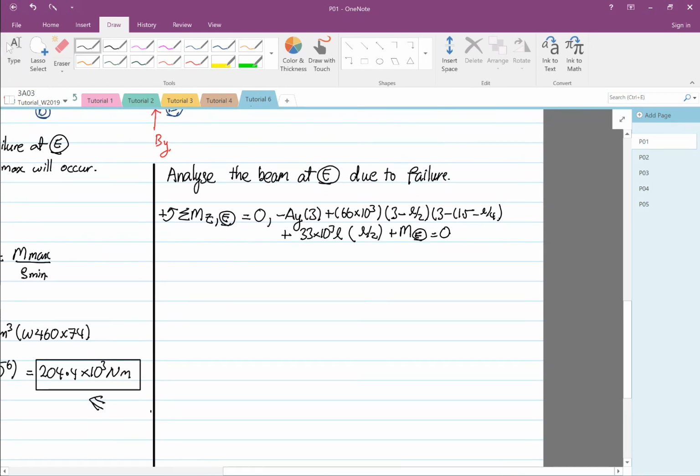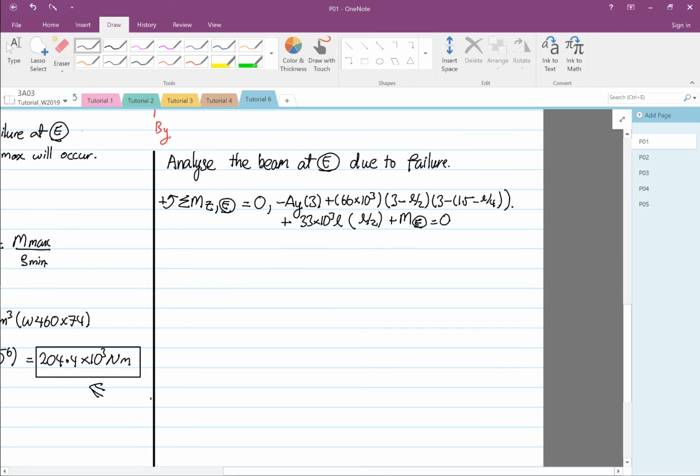So this will be equal to minus 198 times 10 to the power 3 multiplied by 3, plus 66 times 10 to the power 3. You sort what is inside, so 3 minus L over 2 gives 1.5 plus L over 4.